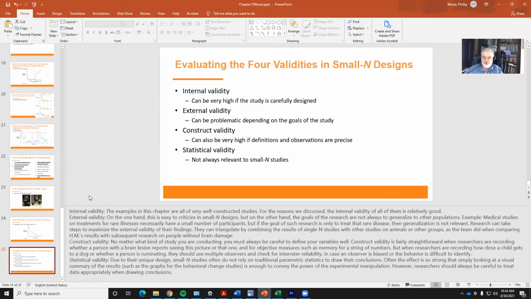It's a little bit harder, for example, if you're doing large surveys, to really interpret what the stimulus is meaning to the various people.